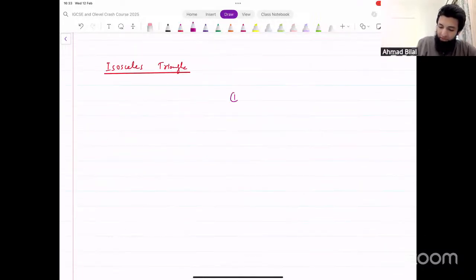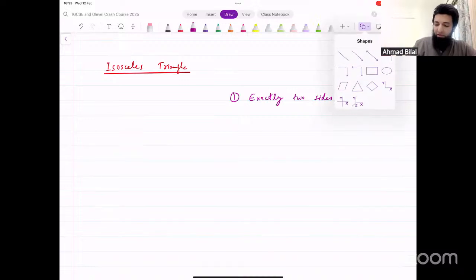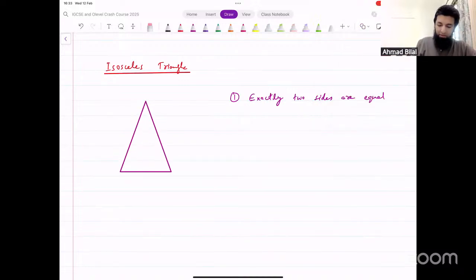So this should be a triangle in which exactly two sides are equal. If all three are equal, then it becomes equilateral. But if you have two sides equal, this triangle is known as an isosceles triangle. Let me give you an example of one. It might look something like this. Let's say you have a triangle like this.